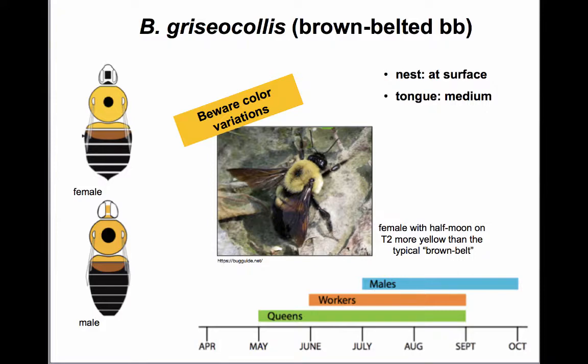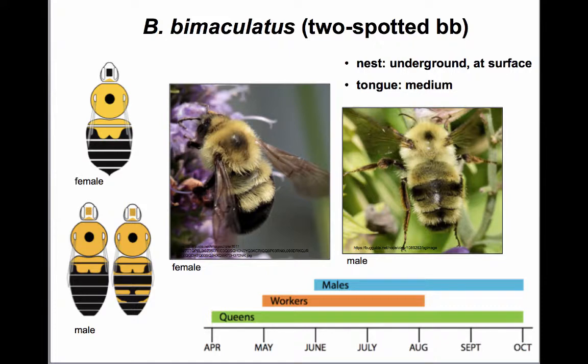Another very common species here in Ohio is Bombus bimaculatus, the 2-spotted bumblebee. This one is recognizable by T1, all yellow, like the other 2 we've seen so far. But on T2, there's a W-shaped yellow mark that's the same nice light-colored yellow as on T1, set in a black background.